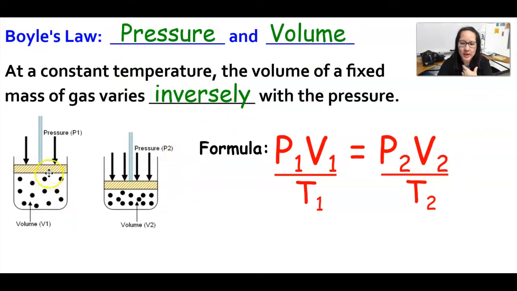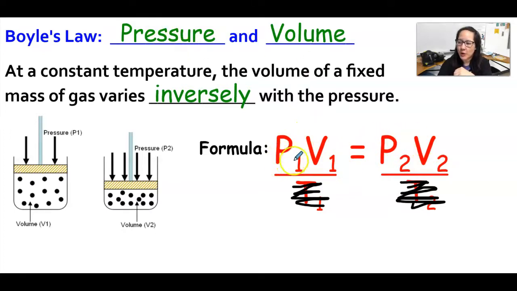So as you take the pressure and you increase it, it's going to cause the volume to decrease. Do the opposite. Consider this equation down here. Because temperature is constant, that means we could ignore the temperature in the equation because it's not a factor. So if we're just focused on pressure and volume, notice our equation is pressure 1 times volume 1 equals pressure 2 times volume 2.